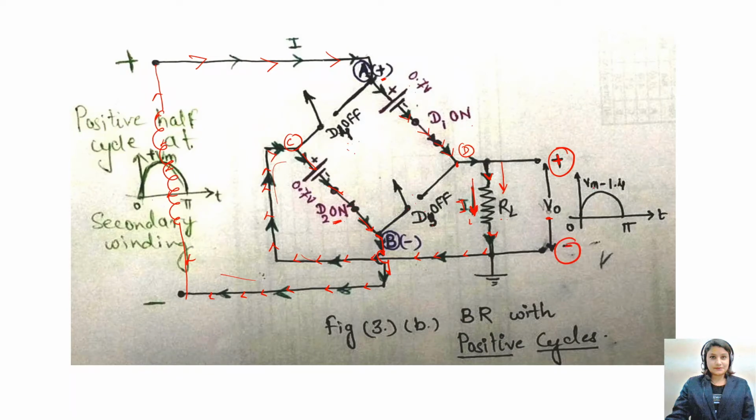And that is why you are getting an output voltage VO equal to Vm minus 1.4. Why 1.4? Because it is the addition of the two diode barrier potentials: 0.7 of the D1 diode and 0.7 of the D2 diode. 0.7 plus 0.7 is your 1.4. Clear?